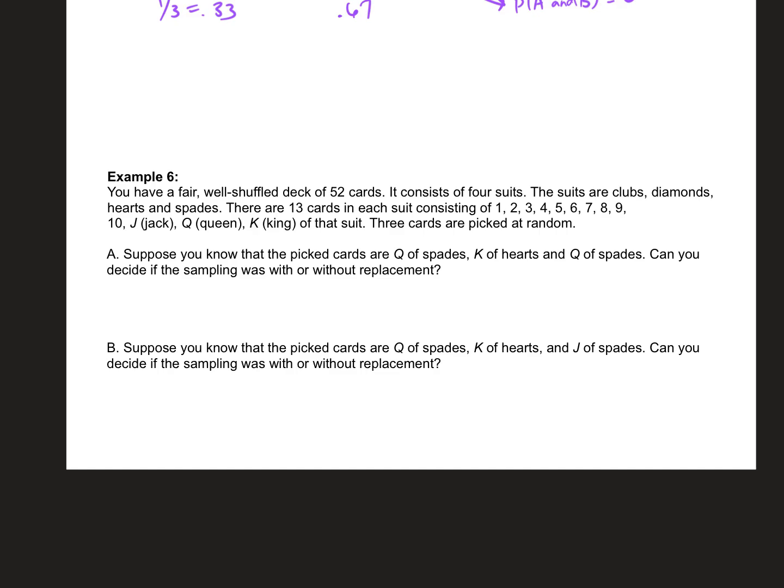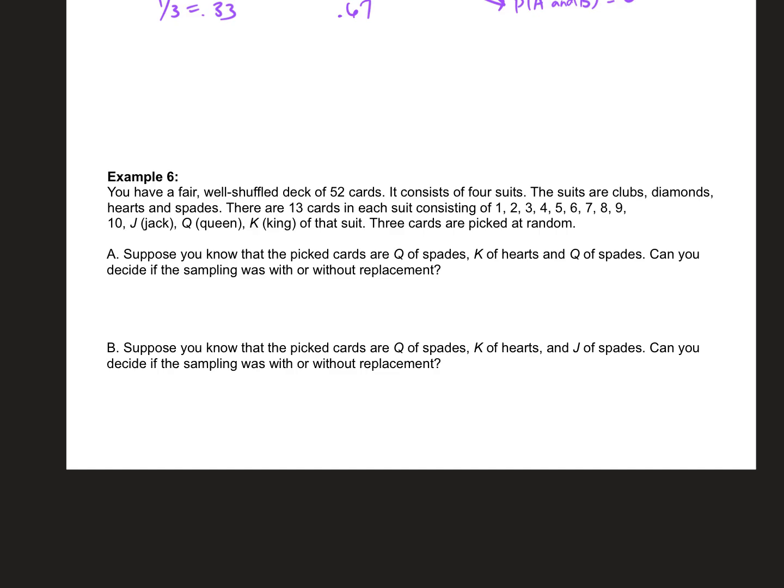You have a fair, well-shuffled deck of 52 cards. It consists of 4 suits, clubs, diamonds, hearts, and spades, 13 cards. Suppose you know that the randomly picked cards are the Queen of Spades, the King of Hearts, and Queen of Spades. Can you decide if sampling was with or without replacement? So what does that mean, with or without replacement? That means I draw a card, and then I put it back. That's with replacement.